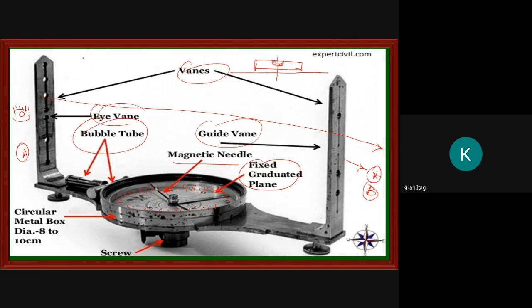If it is inclined, the bubble will occur at another point away from the center, which indicates that your instrument is not leveled well. And here we have a screw which attaches to the tripod.